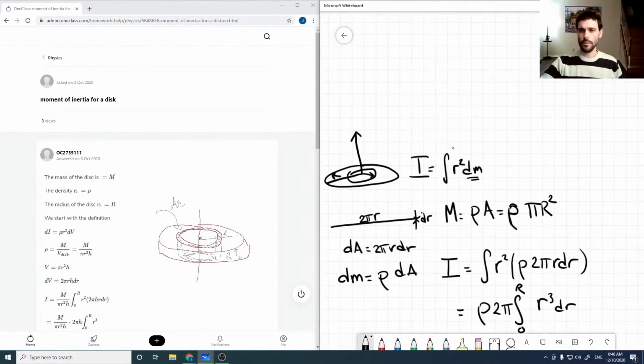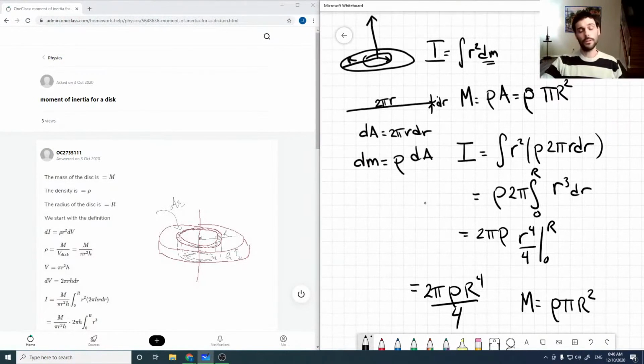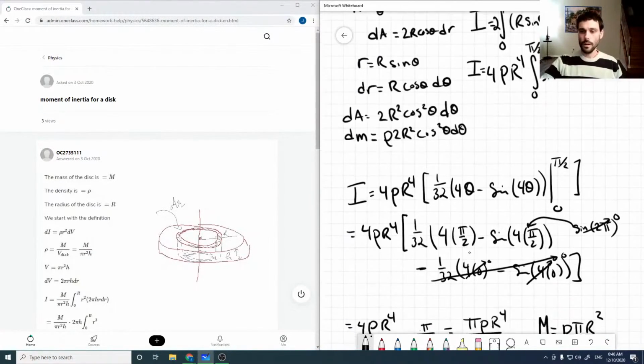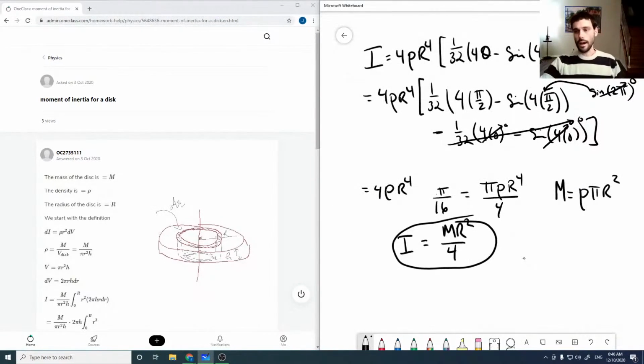And the earlier one is for the moment of inertia about an axis which is perpendicular to the disk and passes through the center. And as I showed in a previous question, we can move to pretty much any other axis that's perpendicular to these ones fairly readily.